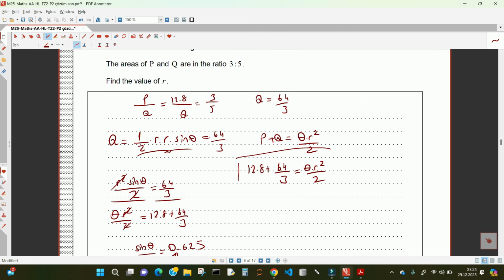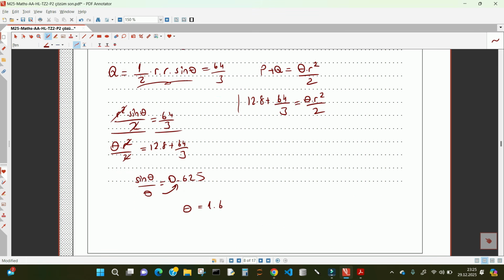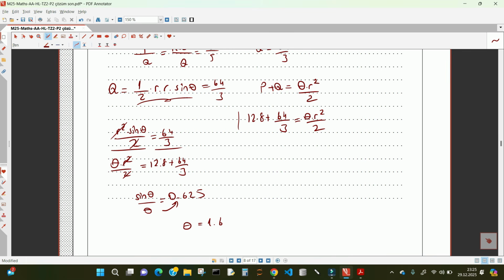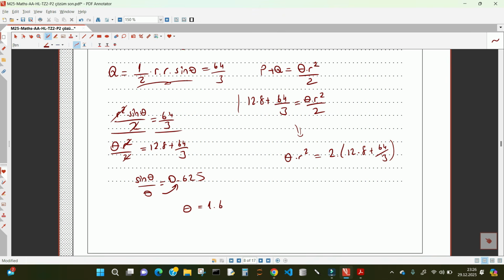Now to find r, we can use this formula. I will write directly what r is, because theta times r squared equals 2 times this number, and in this case r will be the square root of the expression here.